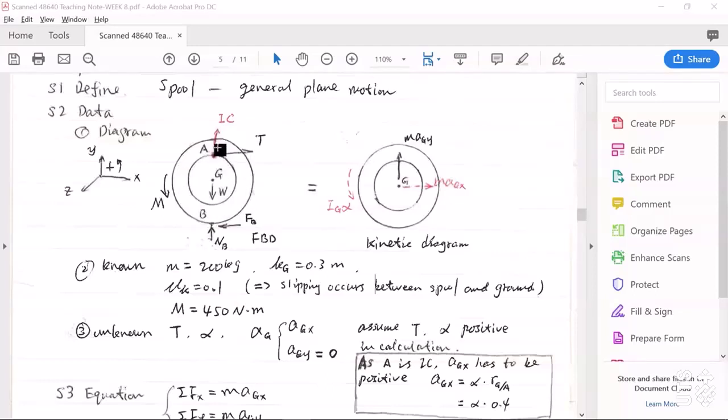So A is the IC point. In this problem, B is not an IC point because slipping occurs at this point. But A is the contact point between the cord and the inner hub. No slipping. This is the IC point.